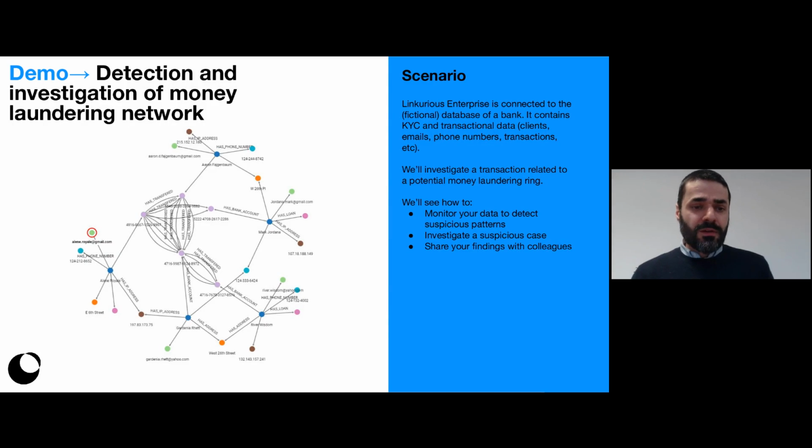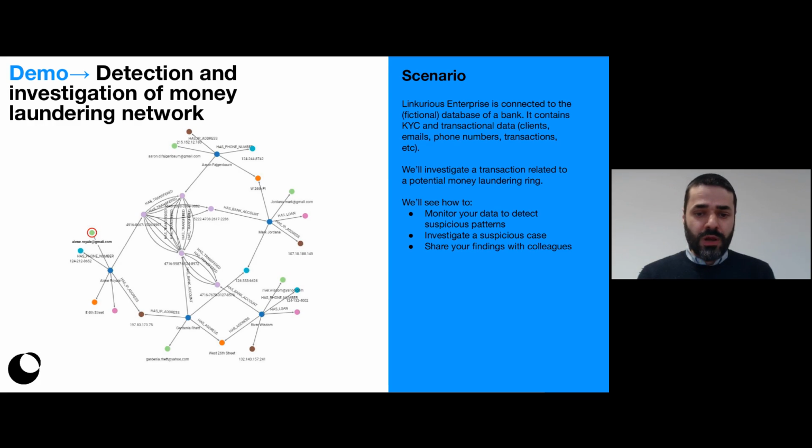So we've talked about risk scoring. We've talked about alerts. Now let's dive into a demo of Linkurious Enterprise, and we are going to be connected once again to a fictional database of a bank. It contains KYC and transactional information, and we are going to investigate a series of transactions related to a potential money laundering ring.